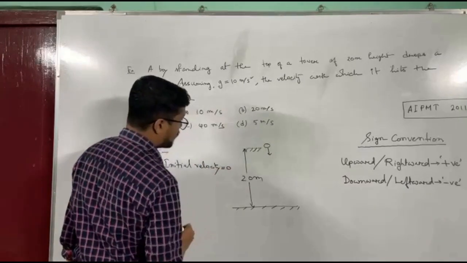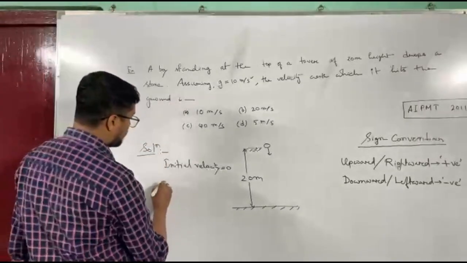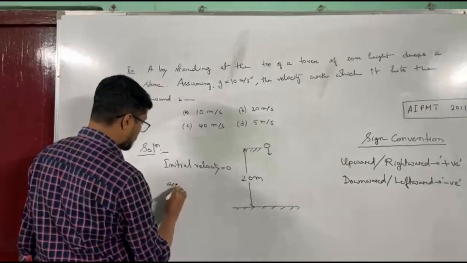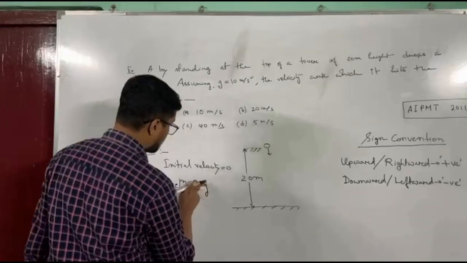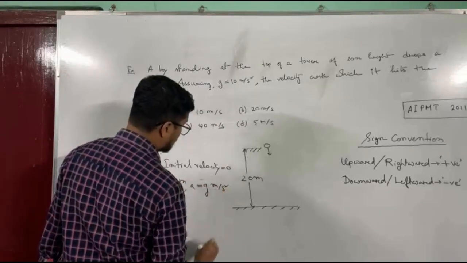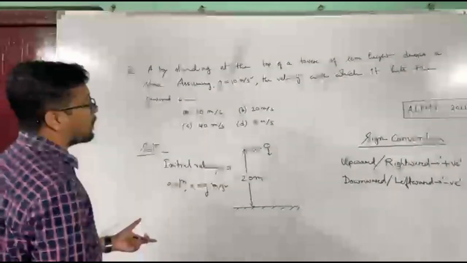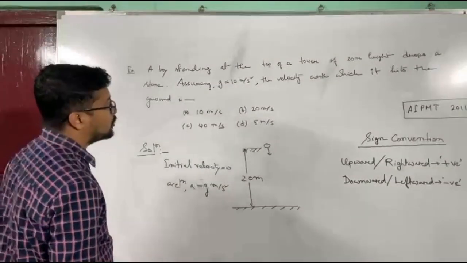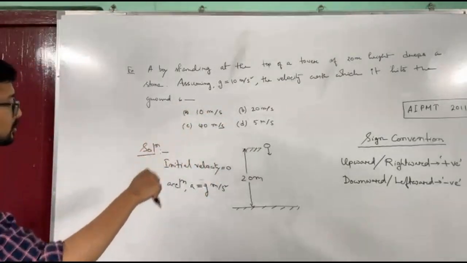And it is given that acceleration due to gravity, acceleration a, here it is g, is 10 meter per second square. So how can we solve this question? We need to find the final velocity.